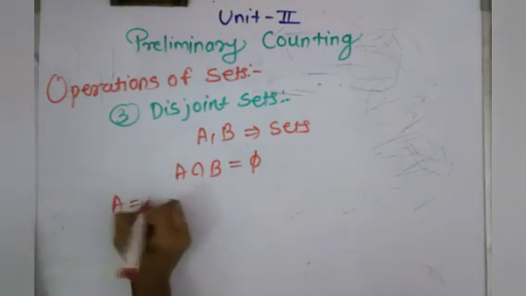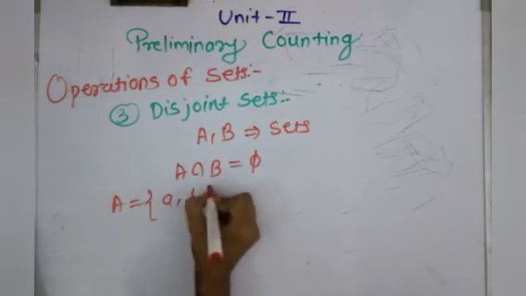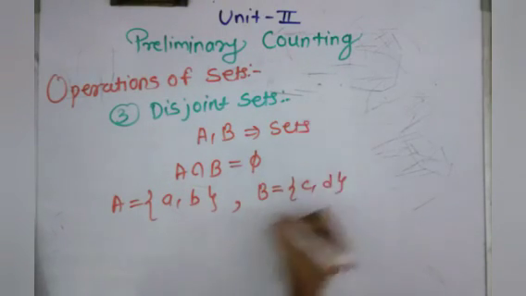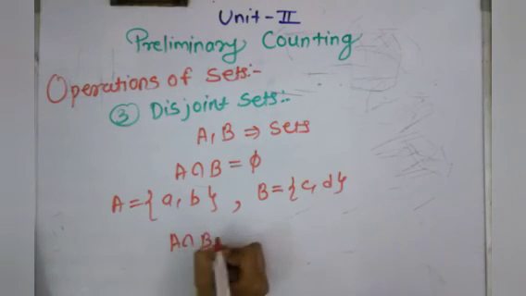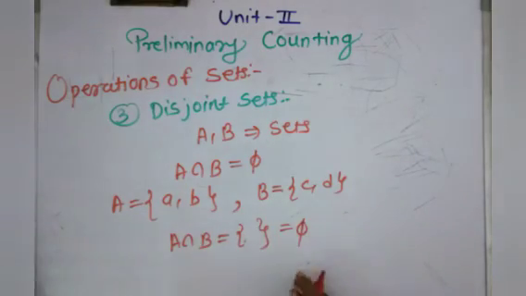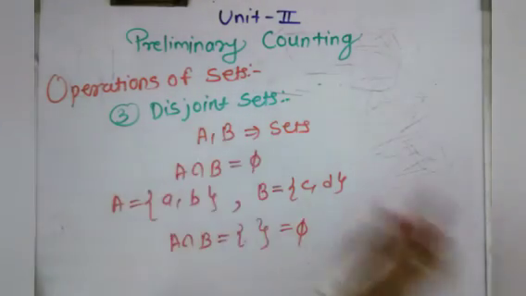For example, A equals {a, b} and B equals {c, d}. Then the intersection of A and B is empty, that is, A and B are disjoint sets.